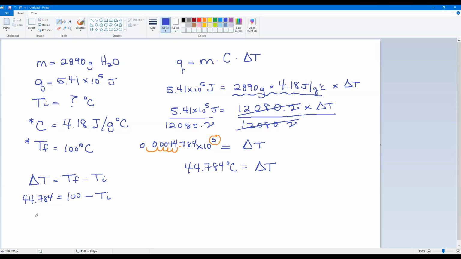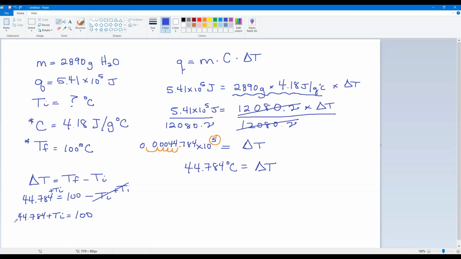So now I have to rearrange this equation. If I'm subtracting Ti, I'm going to bring the Ti over to this side and bring my 44.784 over to this side. So I'm going to add Ti here, which will get rid of my initial temperature there, and I'm also going to add it on this side. That gives me 44.784 plus Ti equals 100.